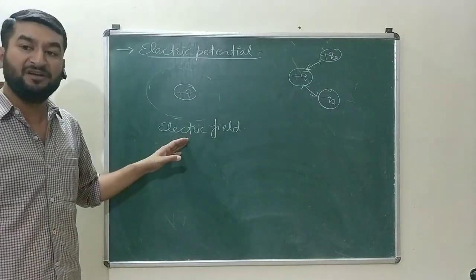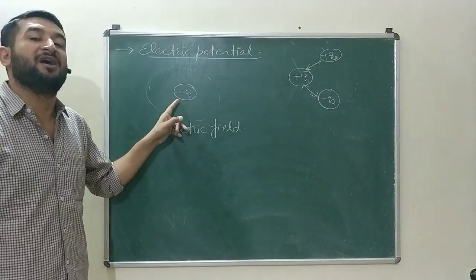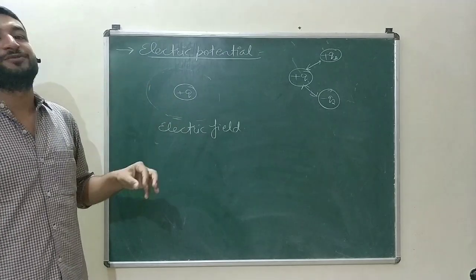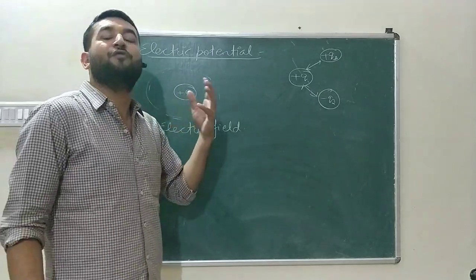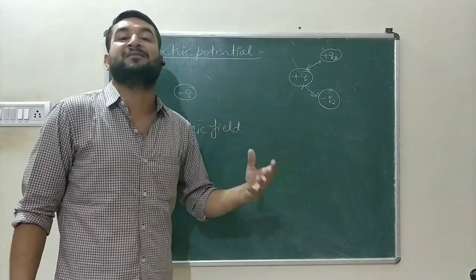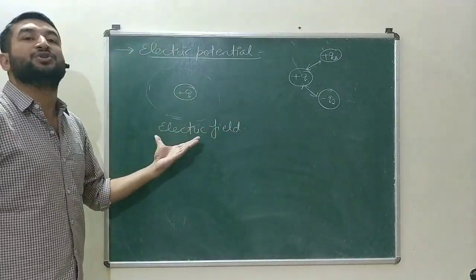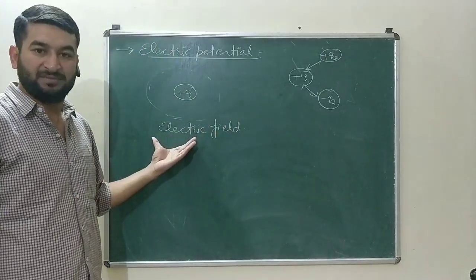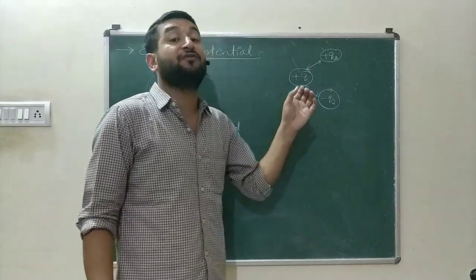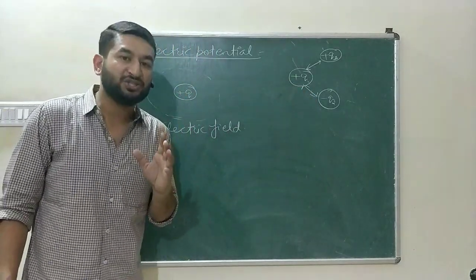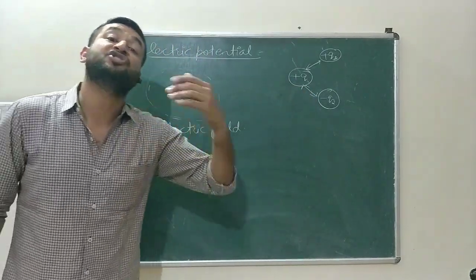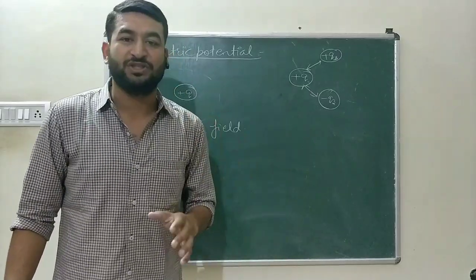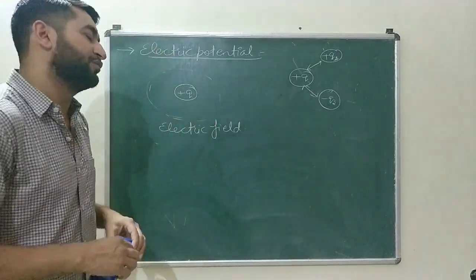One is the electric field, the region around a charge in which it exerts a force on another hypothetical charge. And the electric force is the force exerted by a charged body on another charge.